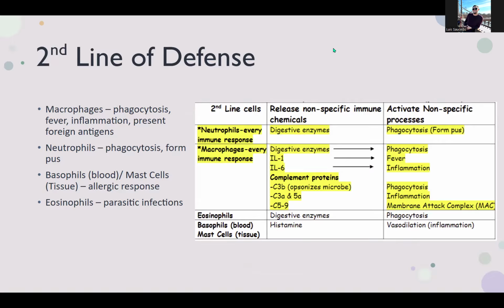Neutrophils primarily are also involved in phagocytosis. Basophils are in the blood, and you've also probably heard of mast cells, which are similar to basophils, but are just found in our tissue. They're primarily responsible for allergic responses, and they'll also secrete histamine and heparin to trigger vasodilation and anticoagulation.